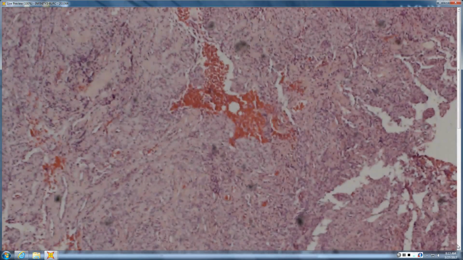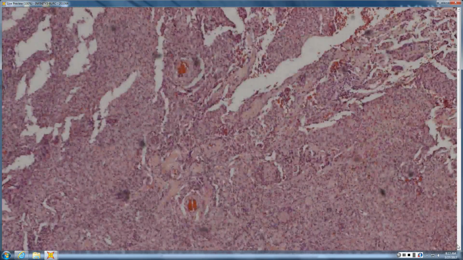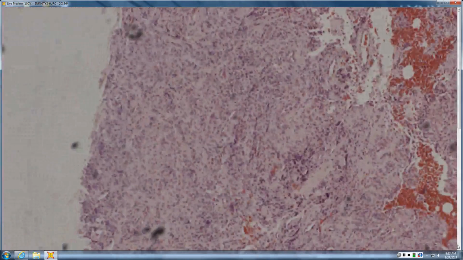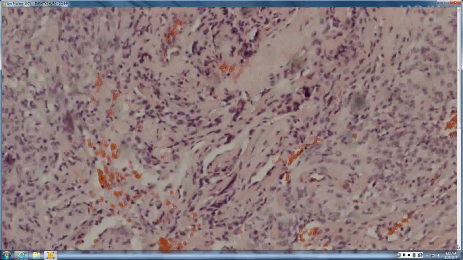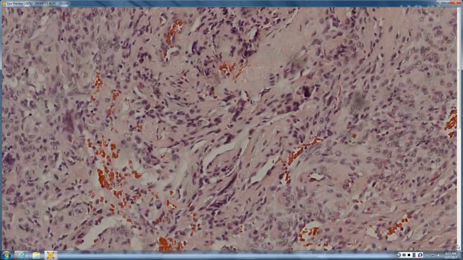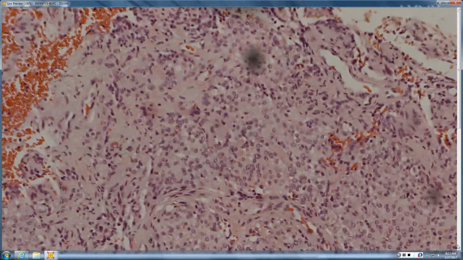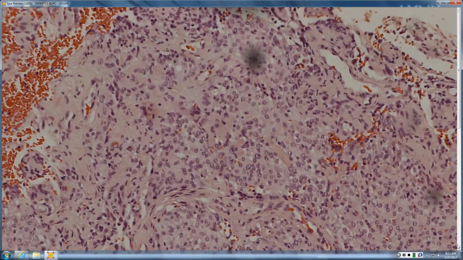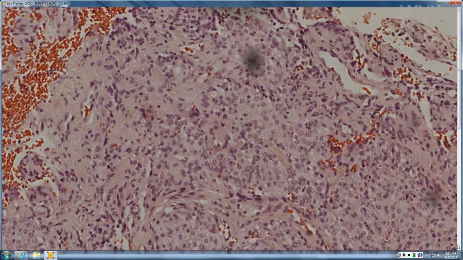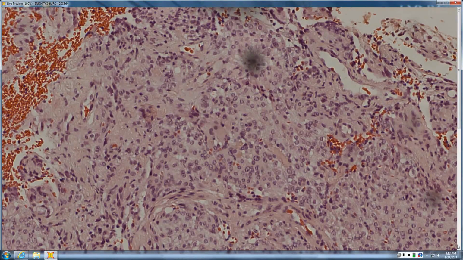And then true meningiomas form meningothelial whorls, which are these little whorls. They also wrap around things. They tend to be fairly bland epithelioid-looking cells. So true meningiomas, which you will sometimes get ectopic, but more commonly when you see it in skin, it's eroded through the skull, and you're seeing the tip of the iceberg.